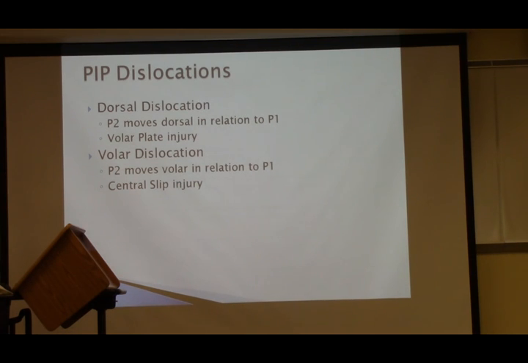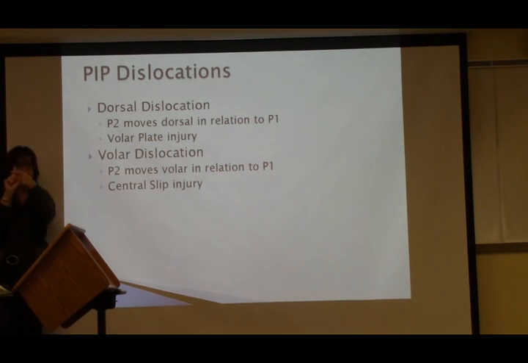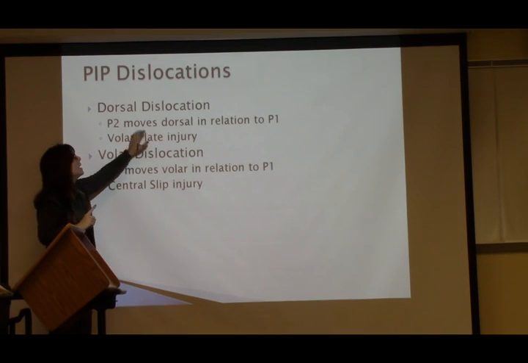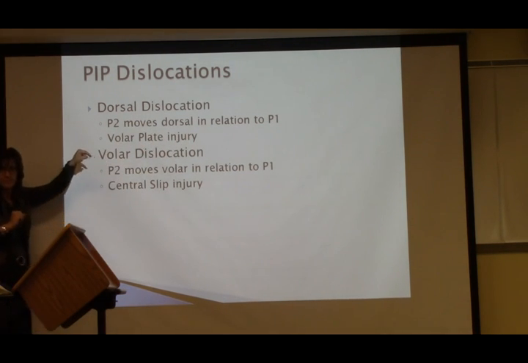That is not where the injury happened. The injury is the volar plate, which is a soft tissue structure which keeps the finger from hyperextending too much. So the injury occurs volar, but the dislocation describes how P2 moves in relationship to P1. Okay?